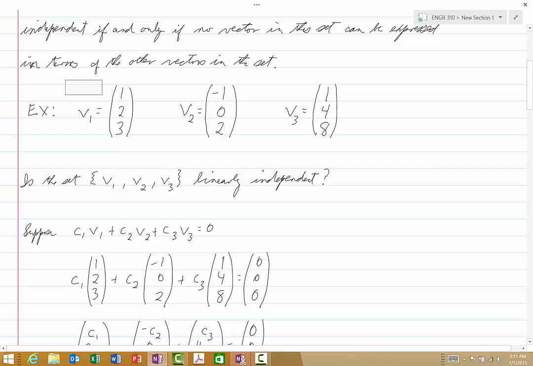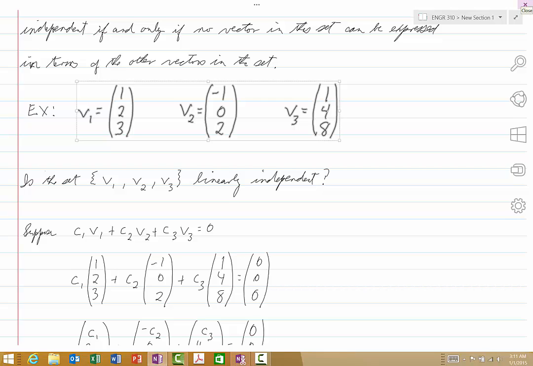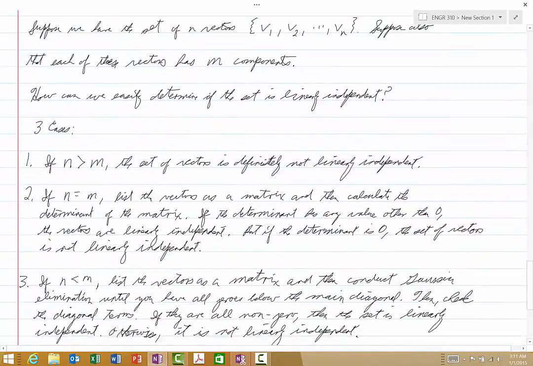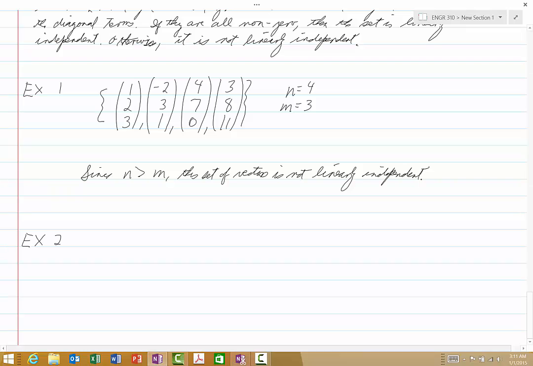So since we already have an example, and we know that these are not linearly independent, we already proved that, let's see how it would work out when we do the test. So I'll take these vectors and copy them down to the bottom.